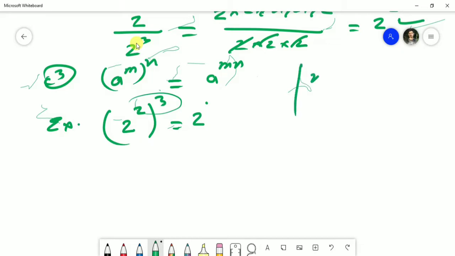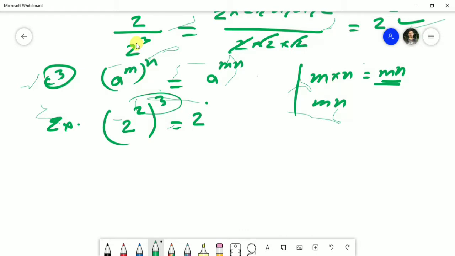Remember one thing. If m into n is also multiplication, what are we getting? mn only, isn't it? So whenever we write something together like this with no sign, you have to think there is multiplication only, because m into n we write as mn.